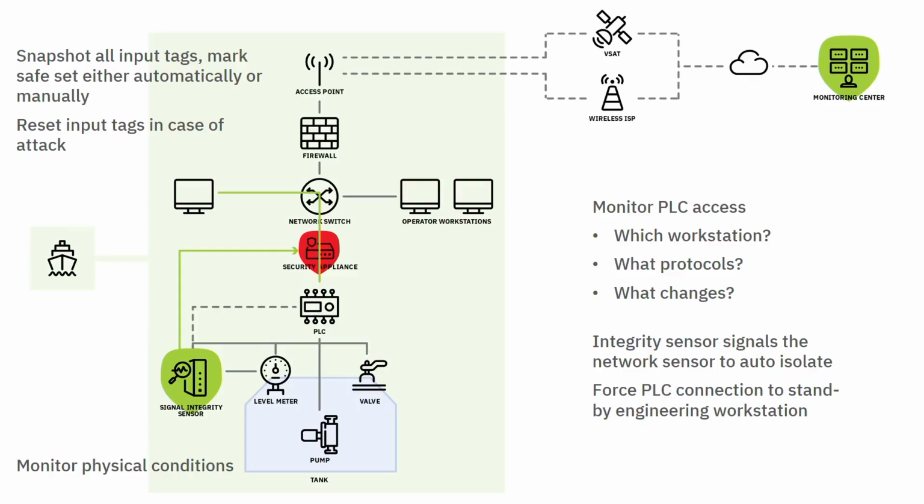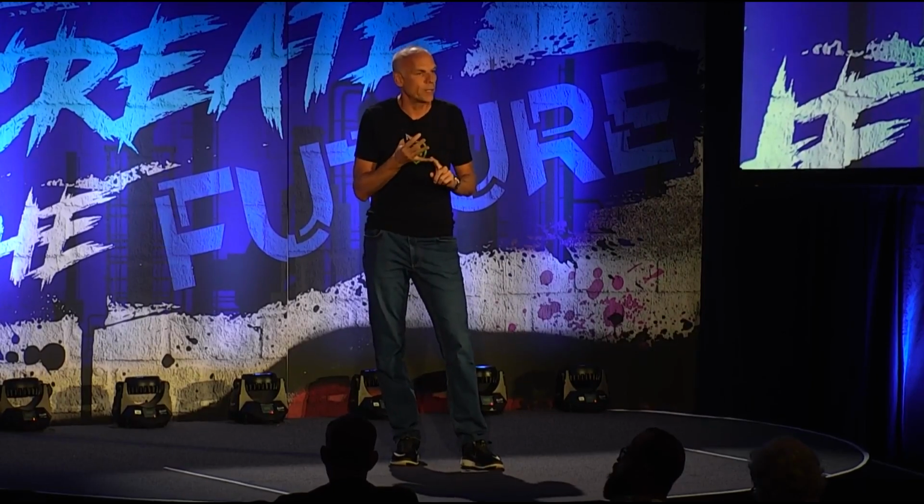Obviously, we have a device that we know works and that also communicates with our signal integrity sensor really well. So now, in this particular case, what this network security appliance does is keep a record of all access to the PLC, like SSH access, we see Modbus access, we see OEM protocols, FTP, and so on.